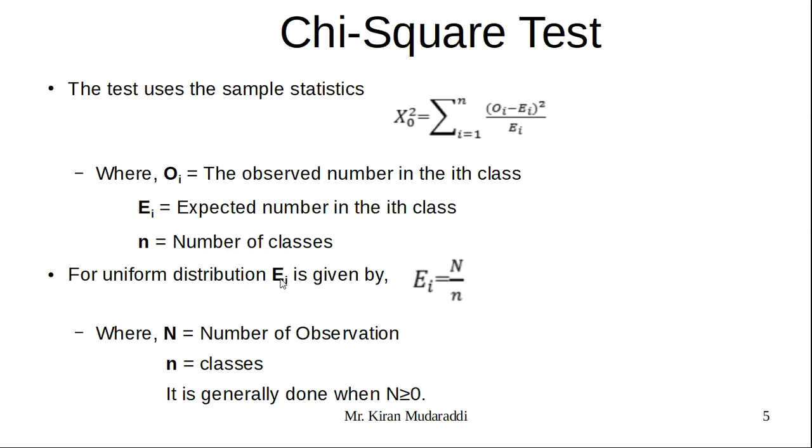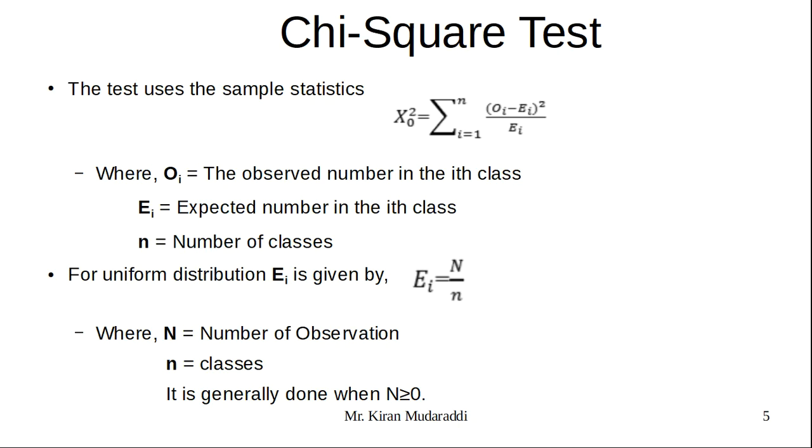With this formula, EI is calculated as capital N divided by lowercase n, where capital N stands for the number of observations and lowercase n stands for classes. You will understand these formulas while I am solving the problem related to the chi-square test.